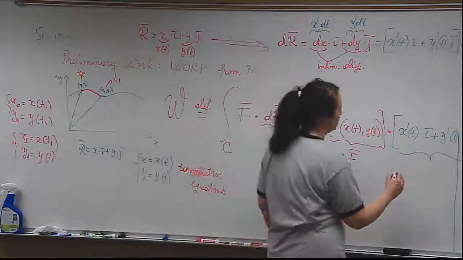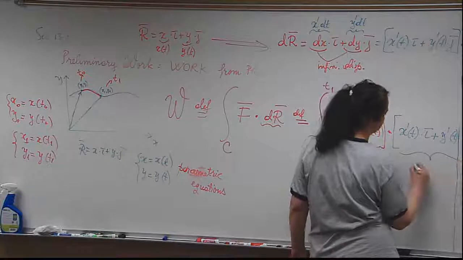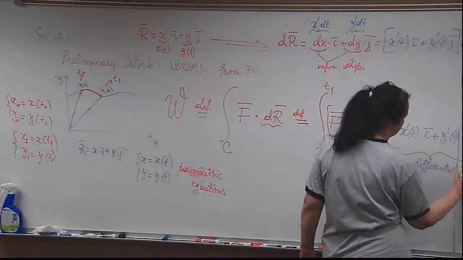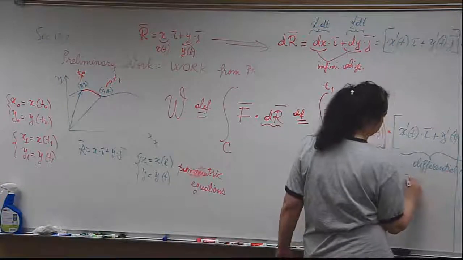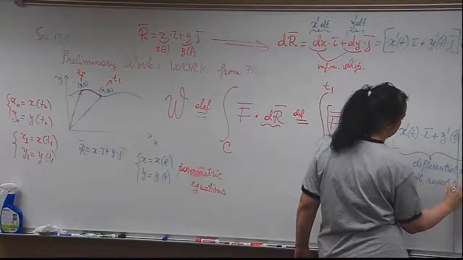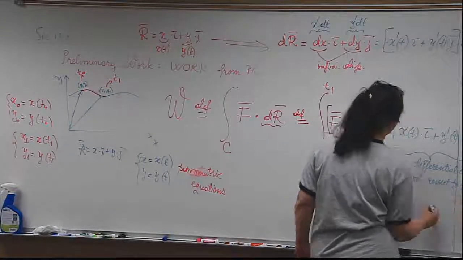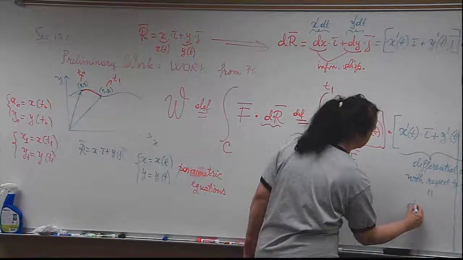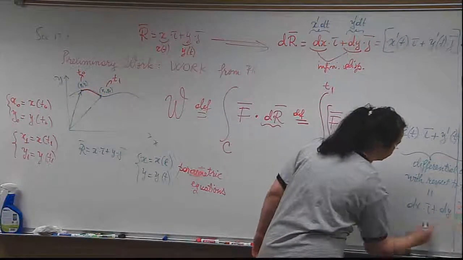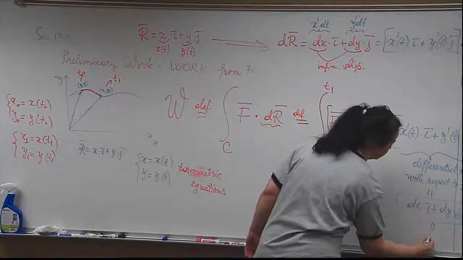So that will be what? The differential of r with respect to time. Okay, this is the same as writing dx i plus dy j, and is the same as writing dr.